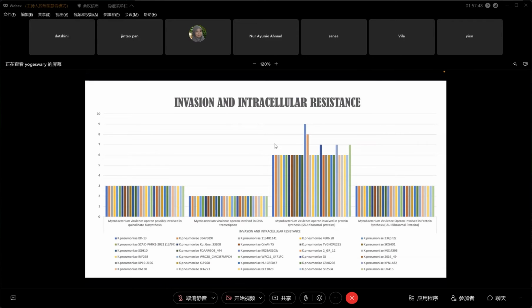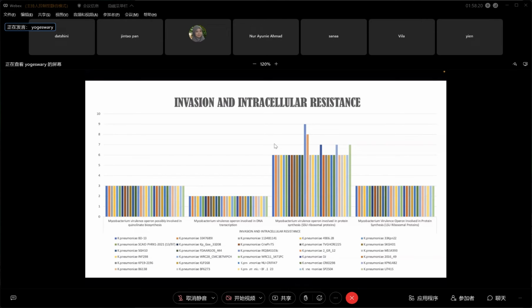And then invasion and intracellular resistance. Invasion means Klebsiella pneumoniae can invade tissue and cells using structures like fimbriae and adhesins. This helps it to attach to and enter host cells, causing infection. Once inside, Klebsiella avoids detection by the immune system and multiplies, spreading the infection.